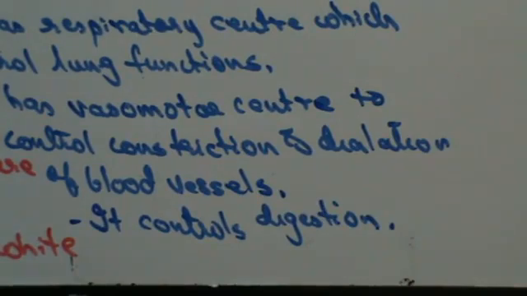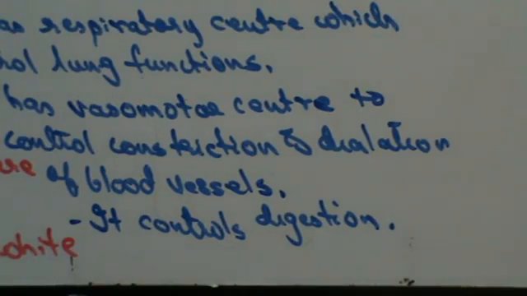Now, all these three combine together to form the brain stem. What is the brain stem, guys? It is the posterior part of the brain, made up of the midbrain, pons varolii and medulla oblongata. I'll write this down, guys.